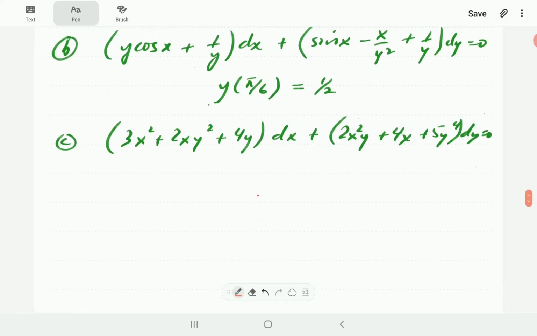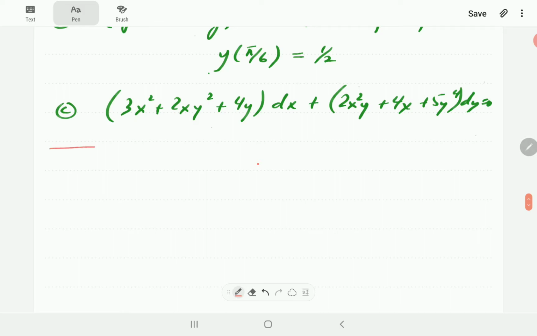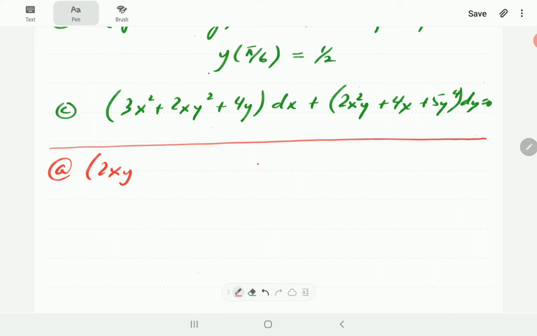Now again, we are going to go through these assuming that we did not know that the given ODE is exact.